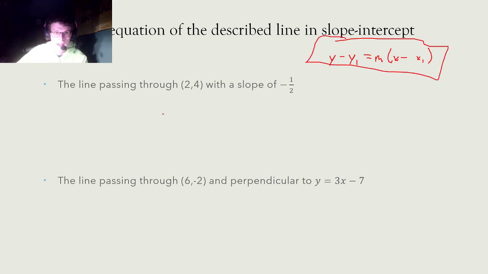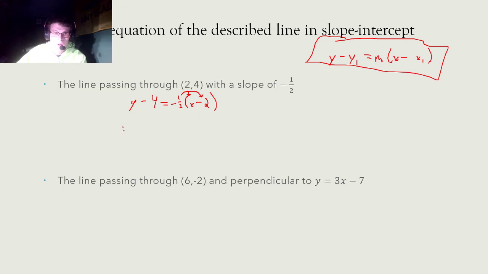So what we're going to do here is substitute into this problem. So y minus y1 equals m times x minus x1. So we have y minus 4 equals negative 1 over 2 times x minus 2. All right, so we solve it. First off, we're going to distribute our 1/2 into our parentheses, okay?